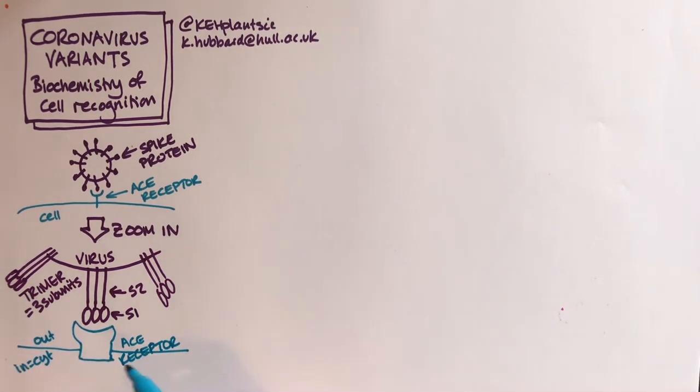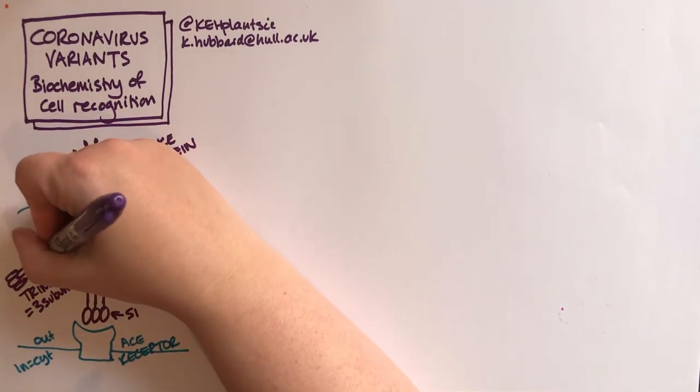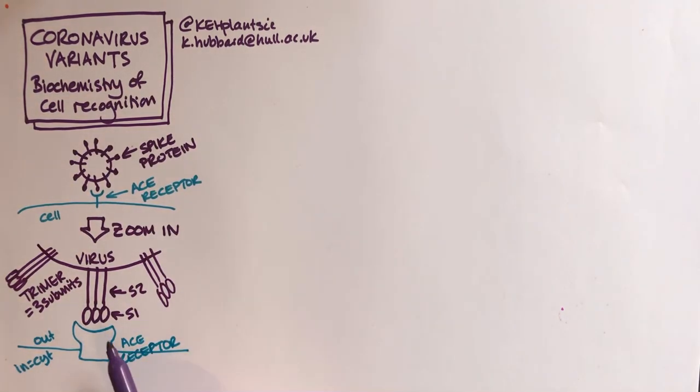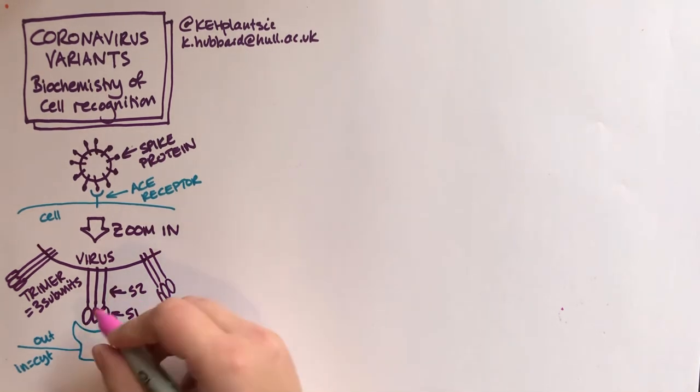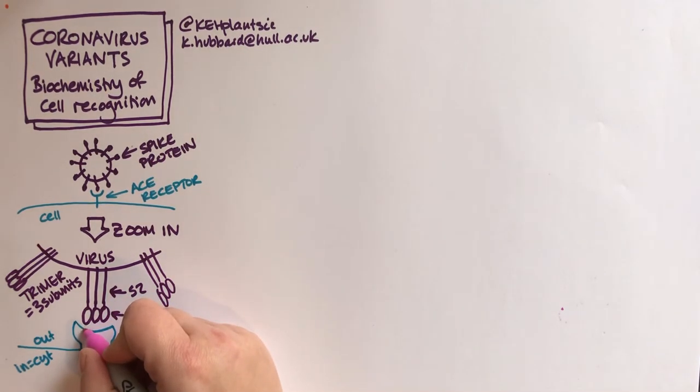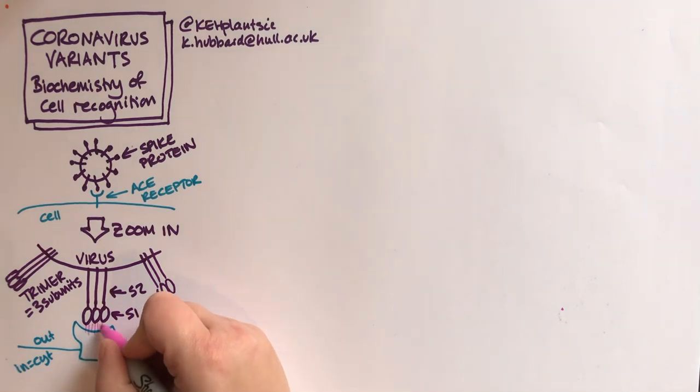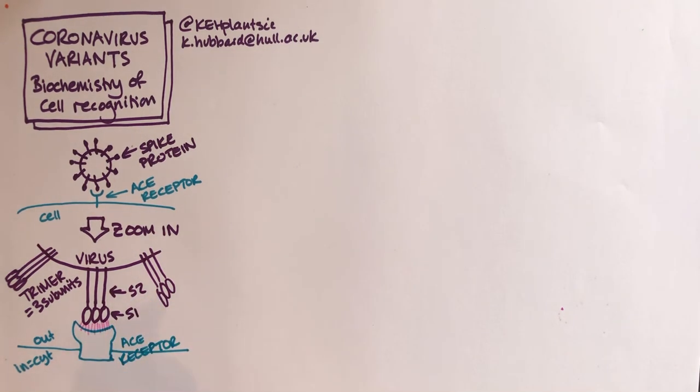Okay. So in order for the virus to infect your cell and go inside the cell, what we really need to be thinking about are the interactions that are happening between these head groups, these S1 groups, and the ACE2 receptor. So there will be molecular interactions happening in that zone, and that's what we're thinking about.